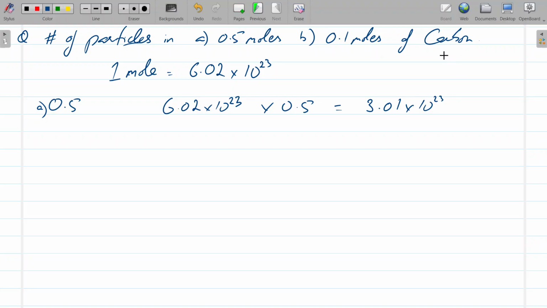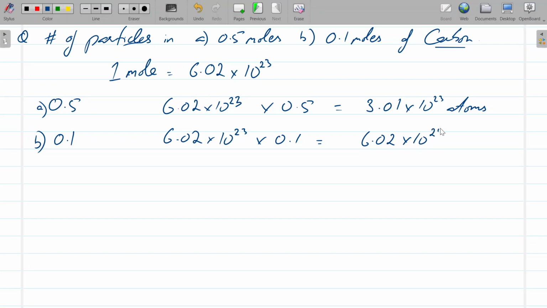Right? And because we're talking about carbon as an element, we're talking about atoms. Then you've got 0.1 mole. So similarly, 6.02 into 10 to the power 23 multiplied by 0.1, and that gives you 6.02 into 10 to the power 22. That's simple.